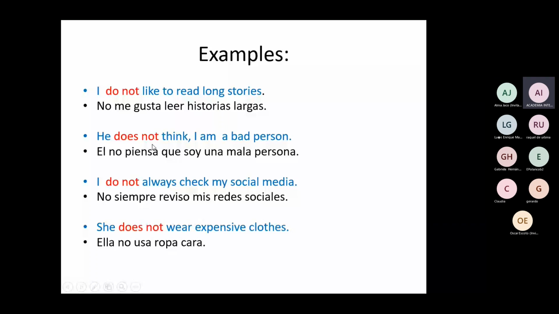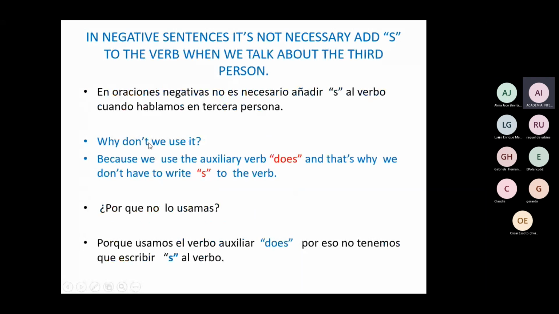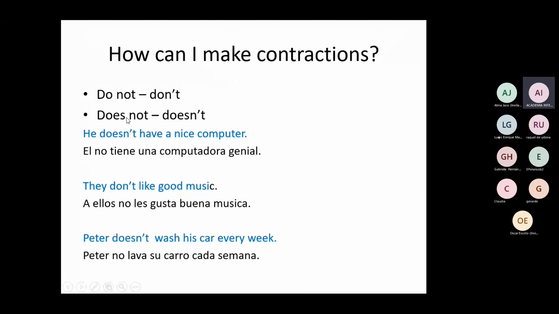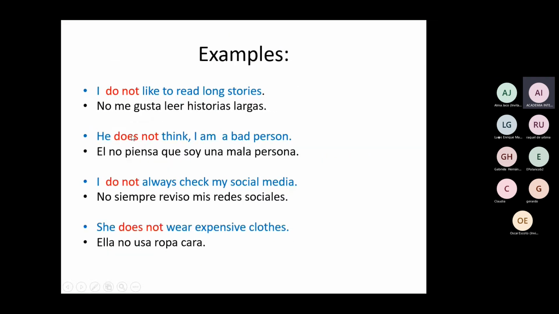Does not, entonces, pero esta es como la forma menos común, pero igual importante porque nos podemos acostumbrar a ver solo la contracción y cuando vemos esta, nos podemos confundir. ¿Y qué es eso? Entonces, primero vemos esto y después vemos aquí la contracción. Lo que dice él, does not y doesn't, ¿verdad? Doesn't es lo más común, que todos usan.